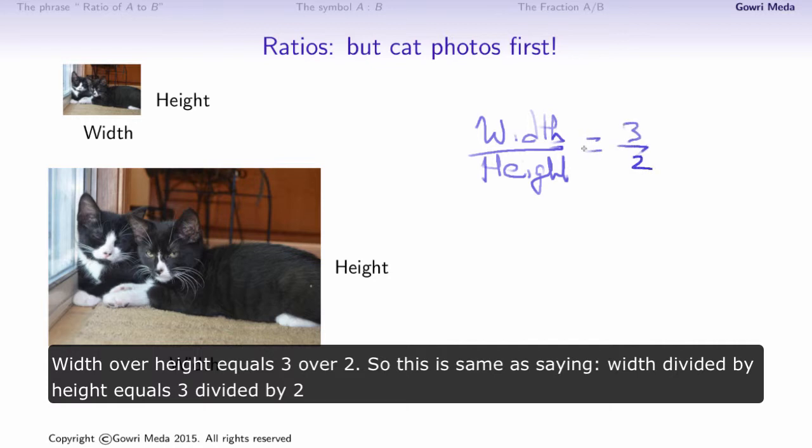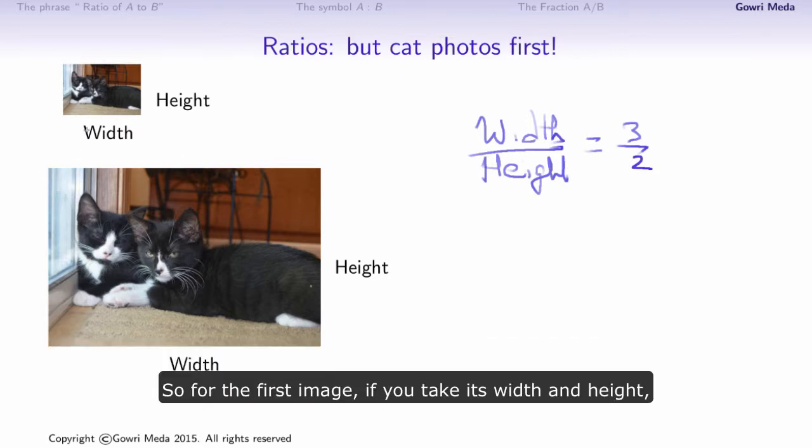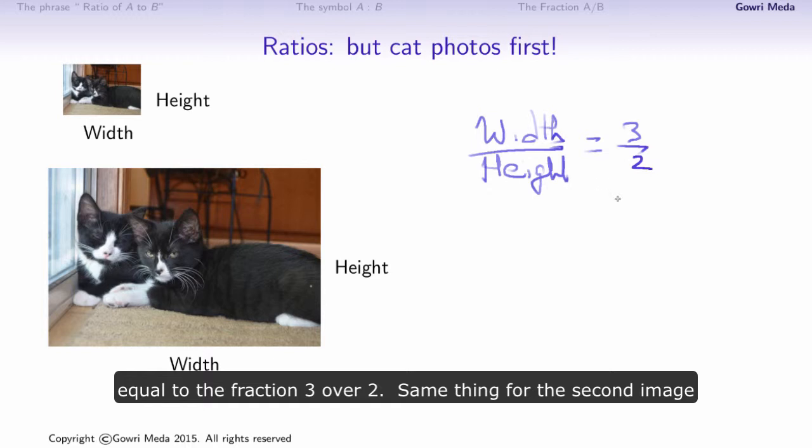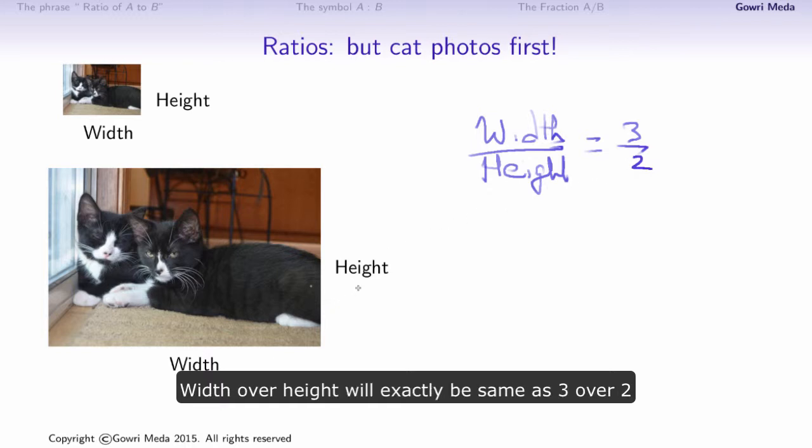So this is the same as saying width divided by height equals 3 divided by 2. So for the first image, if you take its width and height and calculate width over height, it will be exactly equal to the fraction 3/2. Same thing for the second image. Width over height will be exactly the same as 3/2.